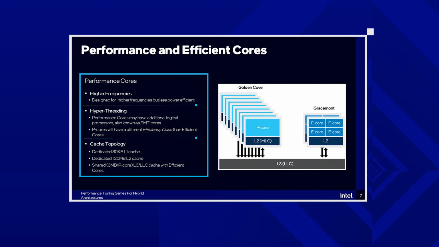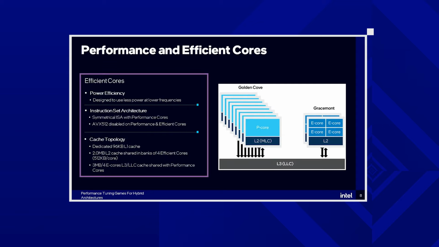CPUID has a different flag for each P-core and E-core to allow you to tell the difference. The cache topology of a performance core is 80 kilobytes of L1 that's split evenly between L1D and L1I, a dedicated 1.25 megabyte L2 cache, and a shared 3 megabyte LLC or L3 last level cache. And it's shared with efficient cores. So it's 3 megabytes per P core.